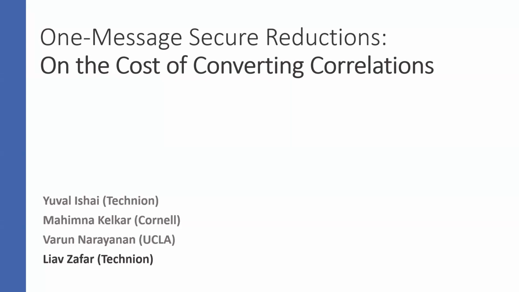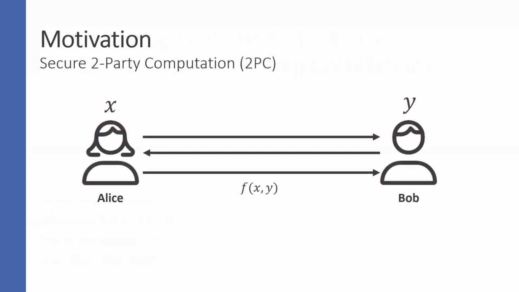Thanks for the introduction. I will talk about one-message secure reductions. This is joint work with Vali Shine and Yuval Ishai, and I'll start with some motivation. Secure two-party computation allows two parties to jointly compute a function over their combined data while keeping their local data secret.